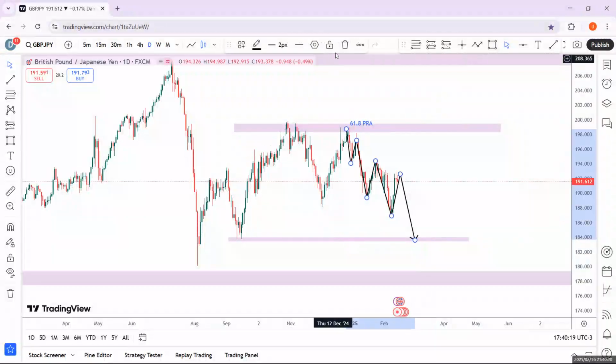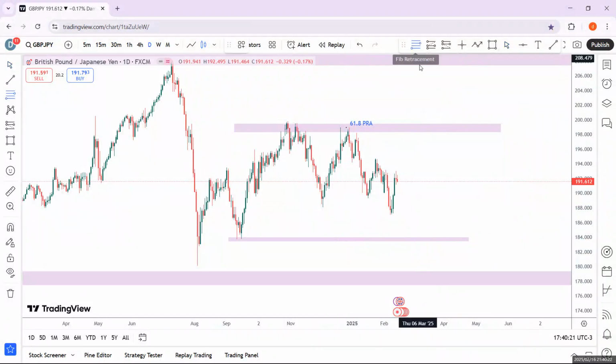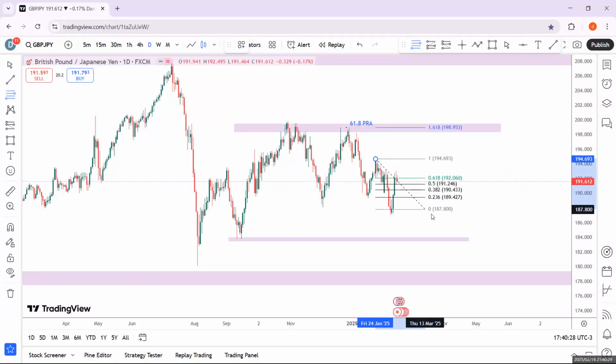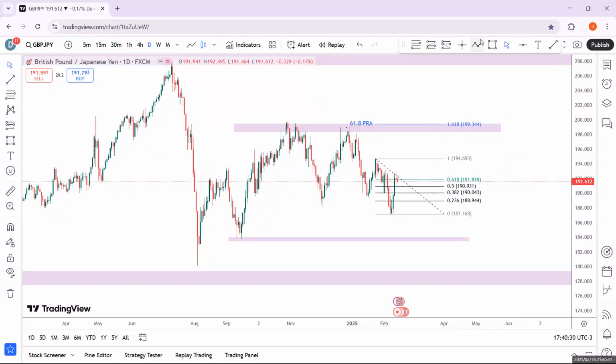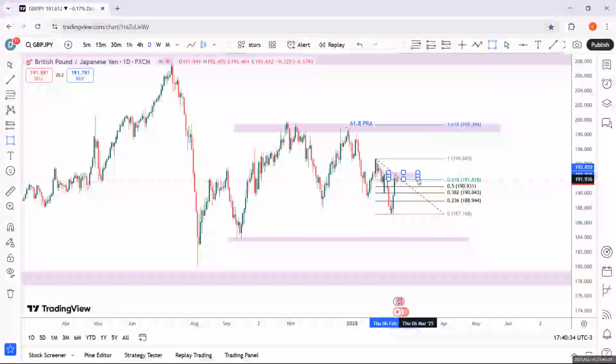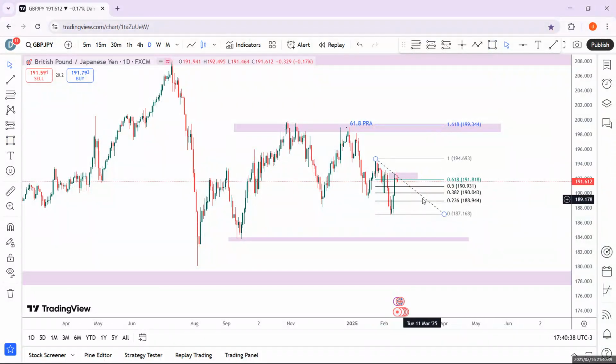So now how can I identify this level here as a significant level of PRA? I brought up my Fibonacci from the high here to the low. So identify this level as a 61.8 level, a 61.8 zone that price is rejecting, as we can all see.